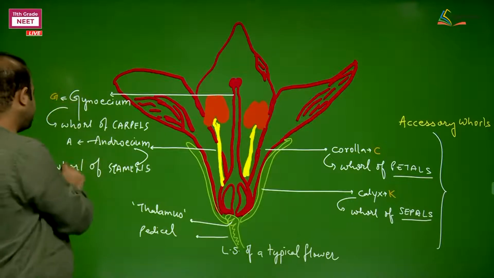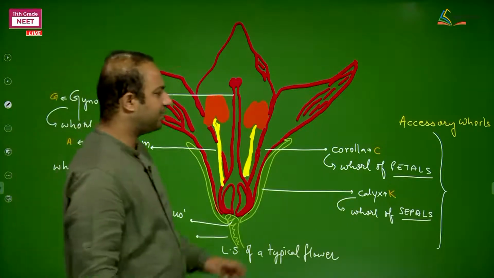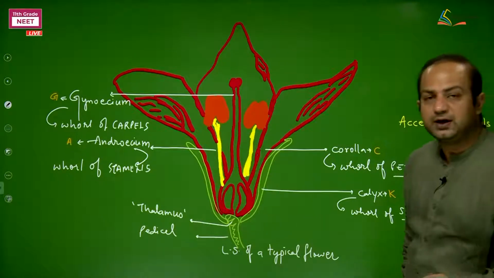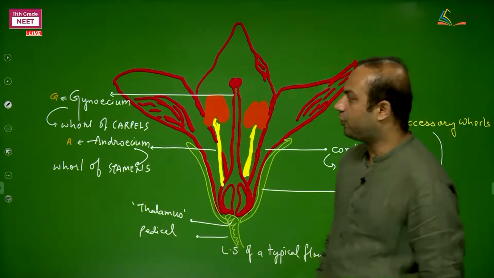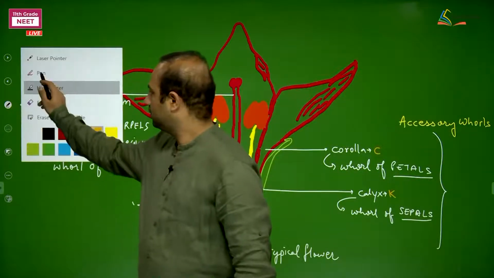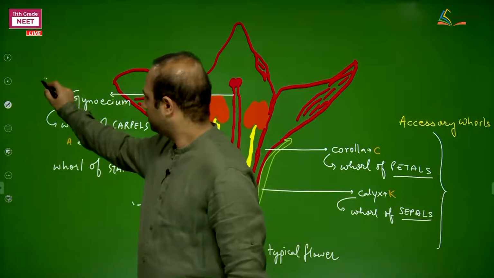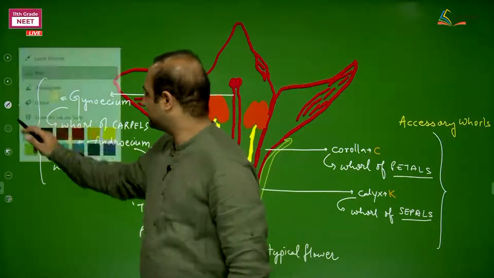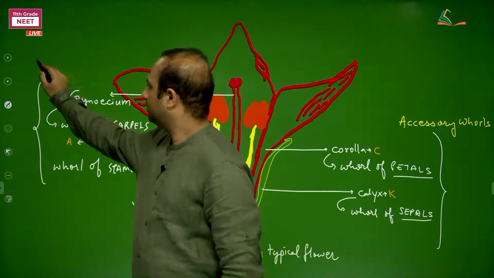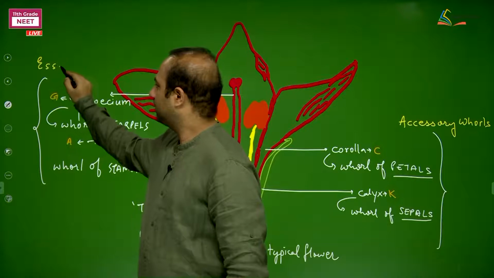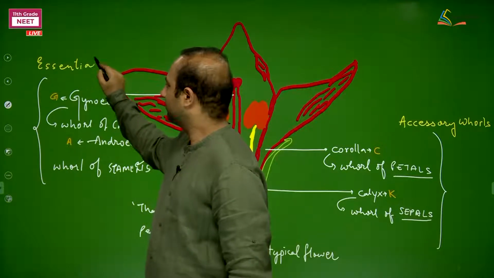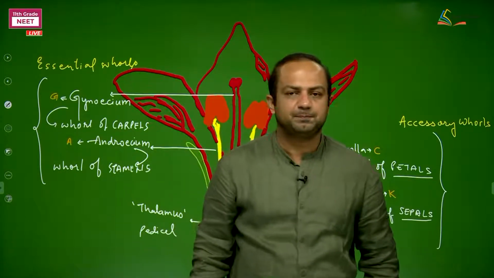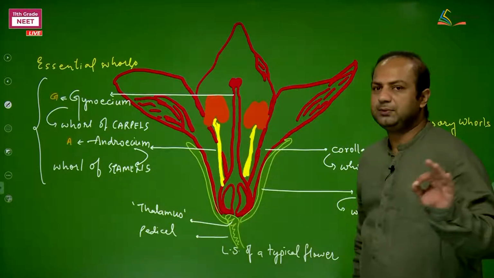I am going to use these symbols later on, wherever it is appropriate. And together the androecium and gynoecium form these. Just like those are accessory whorls, these are called essential whorls. To know the meanings, we need to go further in the study of this flower. By that time you need to know one thing.